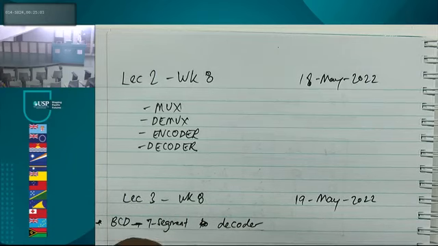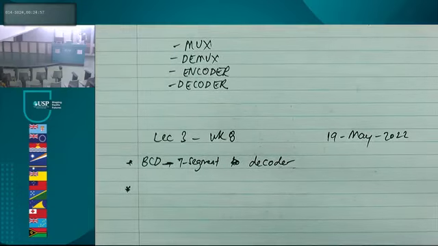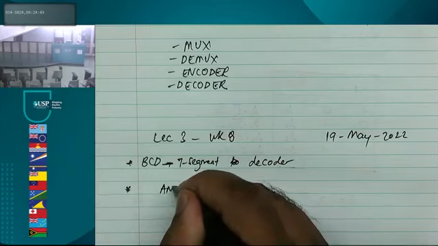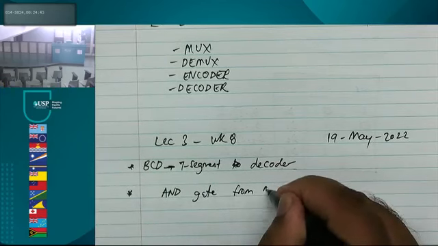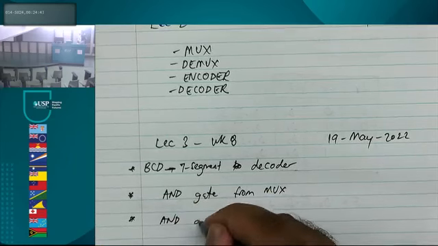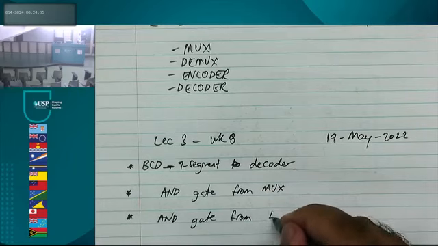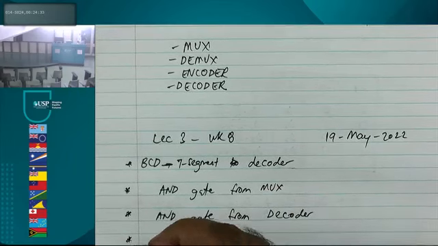What else did we do, guys? AND gate from mux, AND gate from decoder.